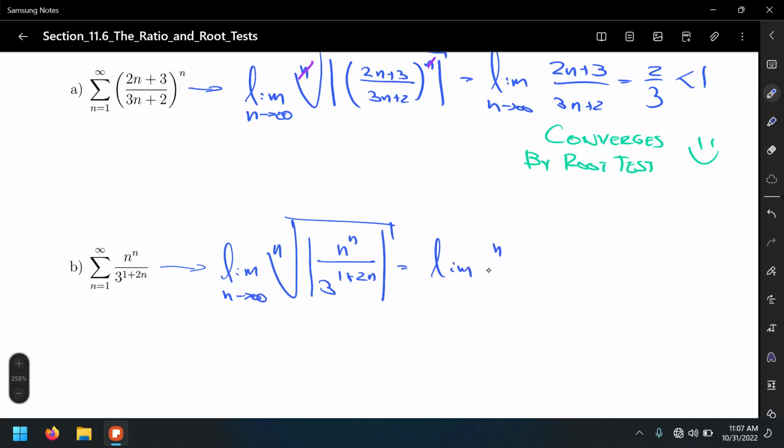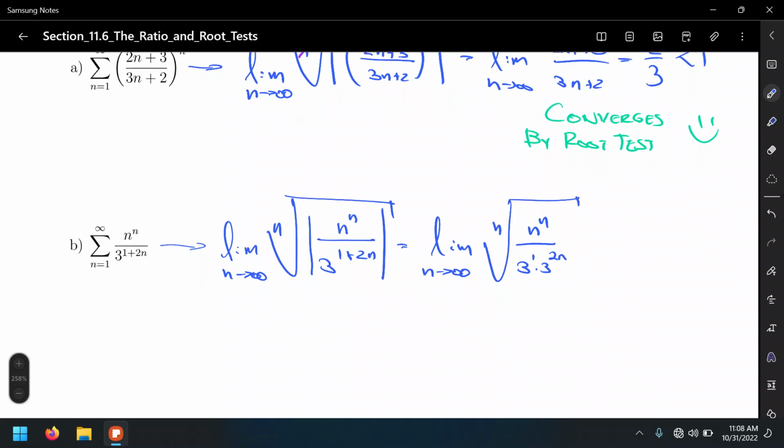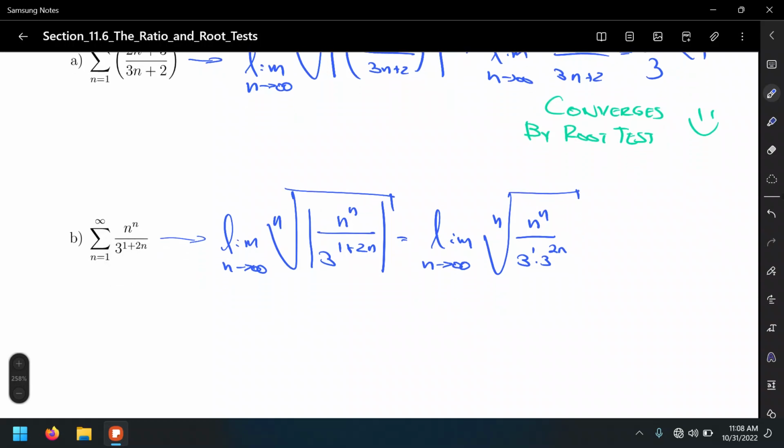And that's the nth root of n to the n over, okay, this 3 to the 1 plus 2n is the same as saying 3 to the first power times 3 to the 2n, as n approaches infinity. And now, at this point, we may go about distributing the radical over the factor in the numerator and the two factors in the denominator.